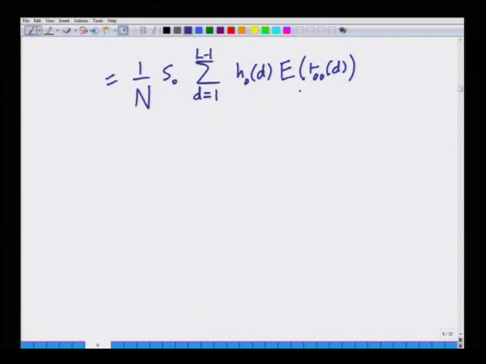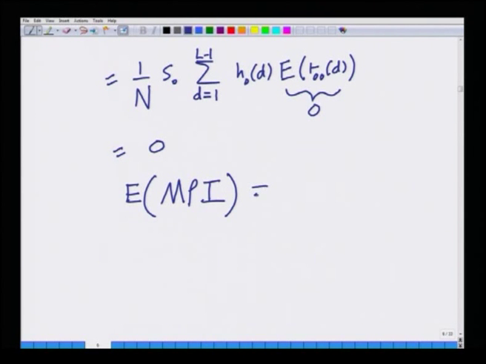But we know expected R00 of d is 0, hence this is the sum of L minus 1 terms, each of which is 0, hence this is 0. Hence we can say the expected value of this multipath interference is 0. Similarly, what is the variance of this multipath interference?